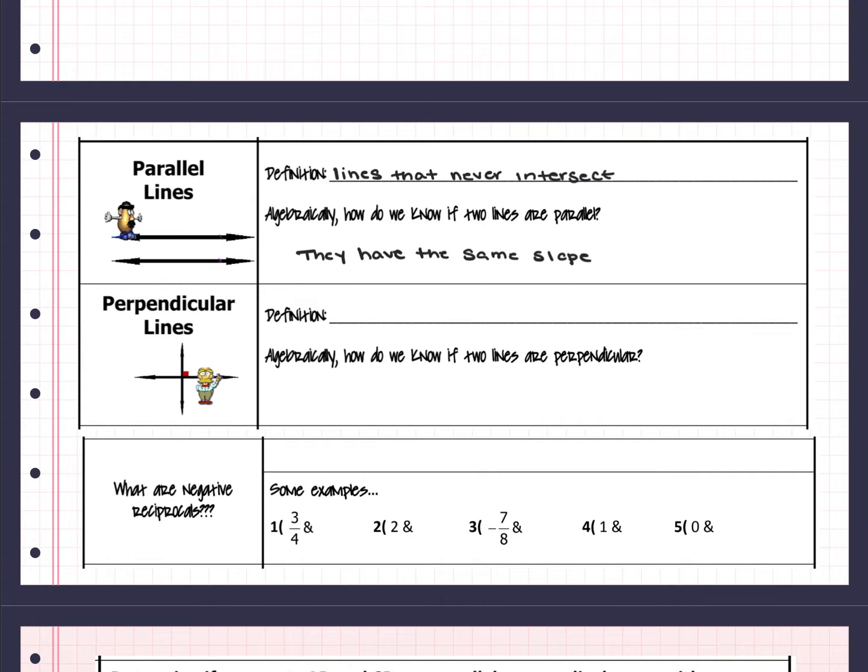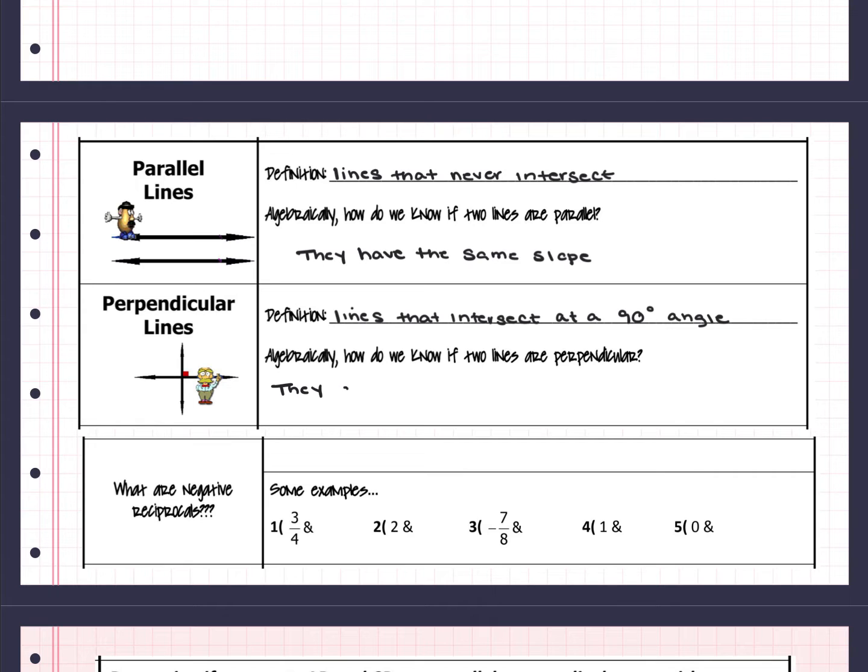All right, looking at perpendicular lines, those are lines that intersect, but they intersect at a 90-degree angle. All right, and again, how do we know algebraically if they are perpendicular?